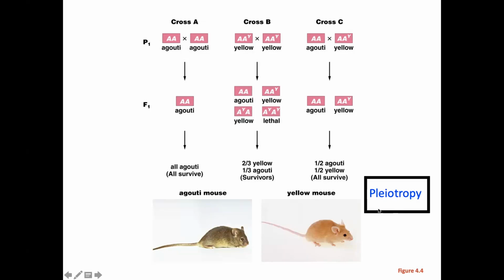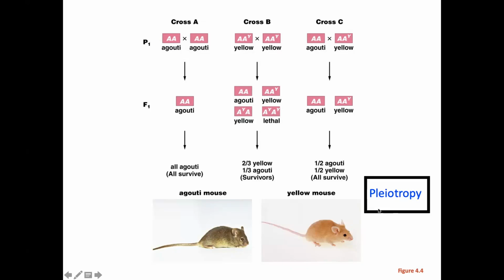And then the third concept being demonstrated here is the relative nature of allelic relationships that I just discussed. So the idea is that the A superscript Y allele is acting as a dominant towards the coat color phenotype, but it's acting as a recessive towards the viability phenotype, but it's the same allele.